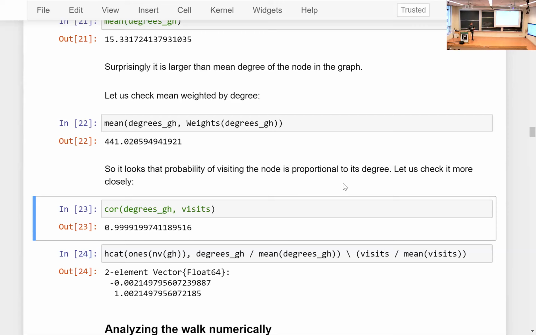So we have learned two things: that indeed this mean is much larger, but also we got an intuition that probably the probability of visiting a node is proportional to its degree. Maybe not super surprising, but this is what we have learned.